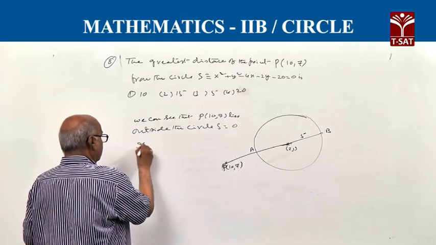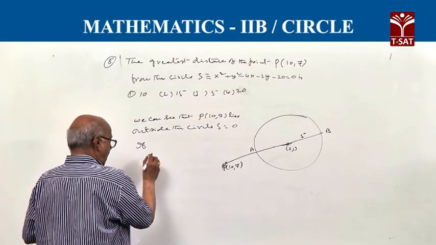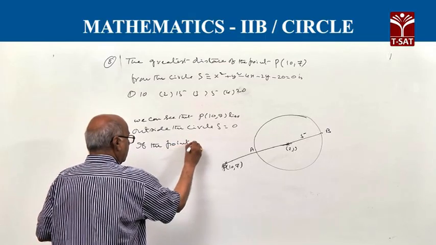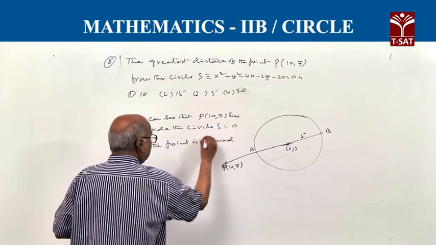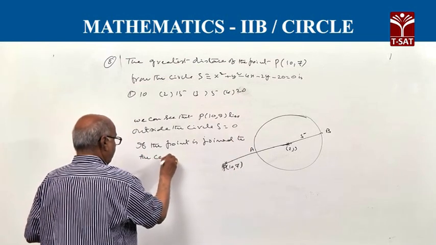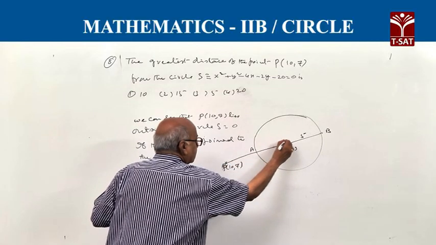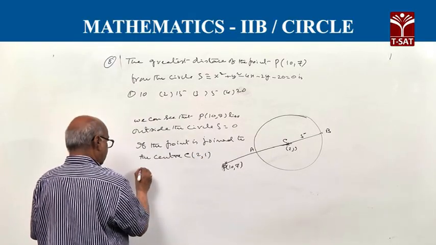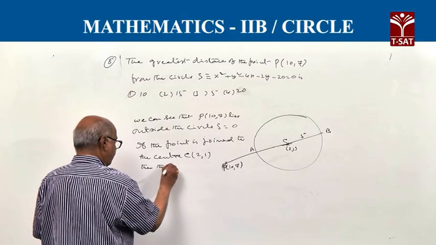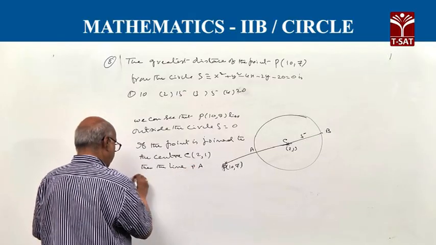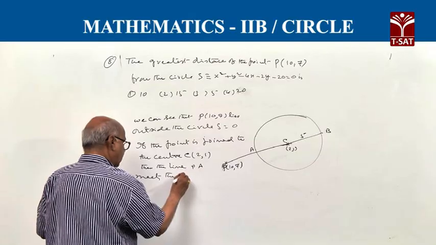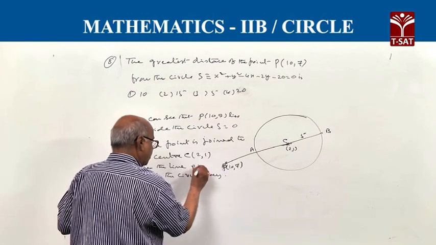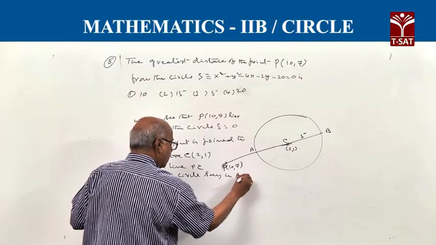So therefore if the point P is joined to the center C(2, 1), then the line PC meets the circle, say in A and B.